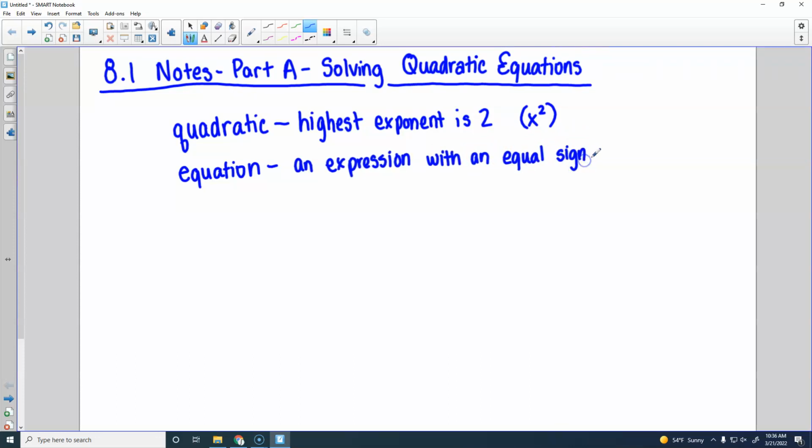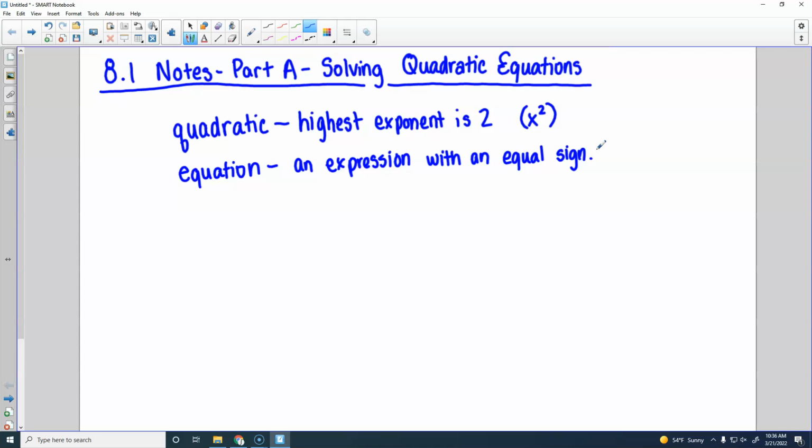So if you think about what we were doing for the warm-ups, those were quadratics because they had an x squared. But they were not equations. There was no equal sign, right? They were what we would call a quadratic expression. It does not have an equal sign in it.